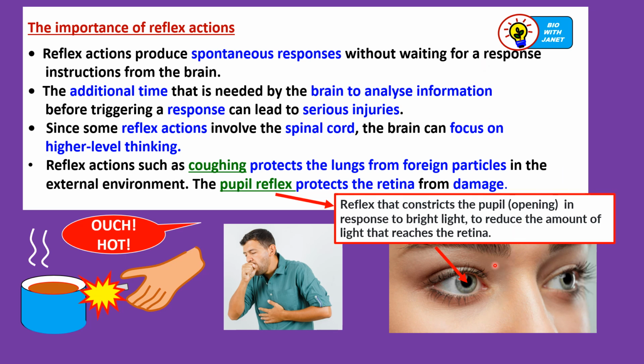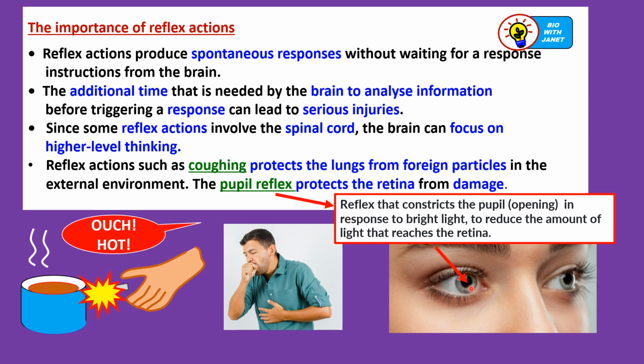Now, the pupil reflex protects the retina from damage. The pupil is an opening in the center of the eye, where the black or brown part of the eye is, and the pupil reflex is a very quick action that causes the pupil to constrict, to become smaller in response to light. If there is more light, the pupil will become even smaller, and this will adjust the amount of light that reaches the retina, which contains the receptors and is at the back part of the eye.